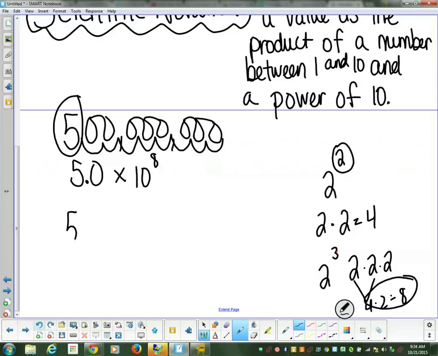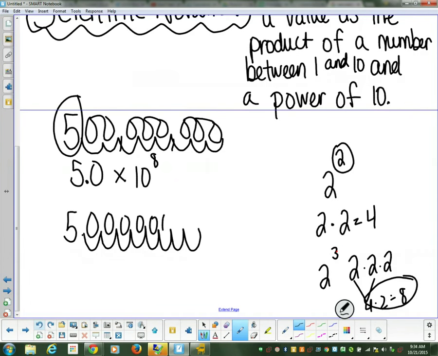So if we take this 5.0 and move it 8 places to the right, we go 1, 2, 3, 4, 5, 6, 7, 8. Fill in the zeros. Commas go in. Does this number match this number up here? Yeah. All right, so this is an easier way of expressing 500 million by saying 5.0 times 10 to the 8th power.